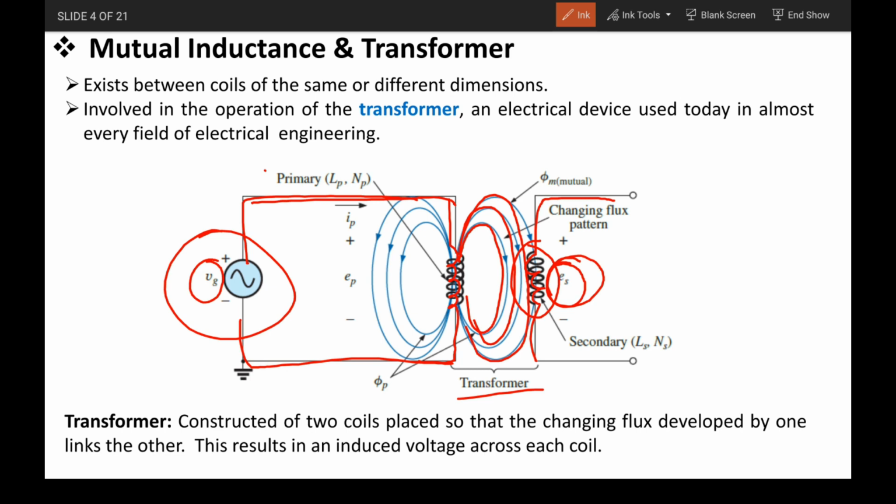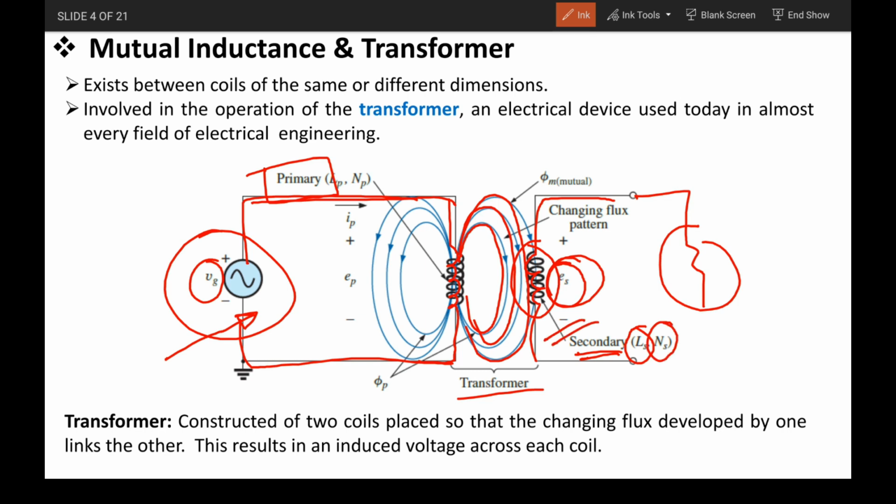This is called the primary, because the source is connected to this end, and generally we connect the load to this end. This is called the secondary, where we will get the voltages. Let's say the self inductance is L suffix S, and N suffix S is the number of turns in the second coil.